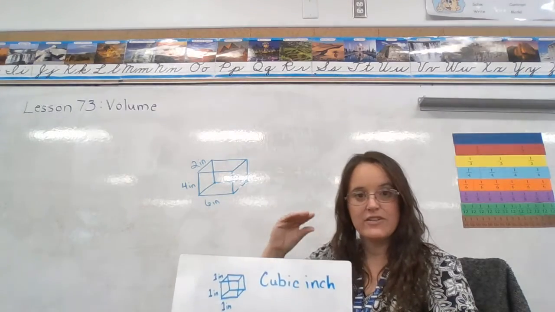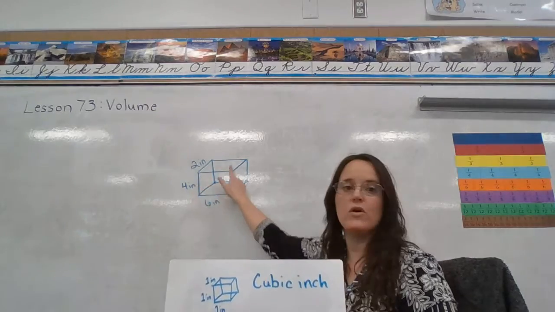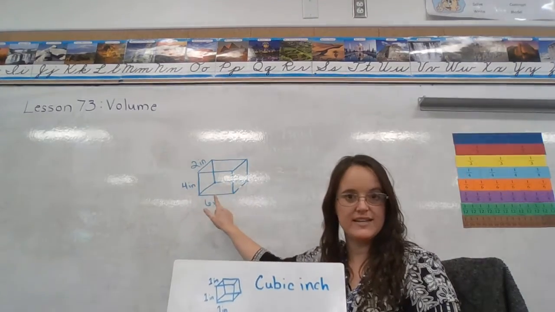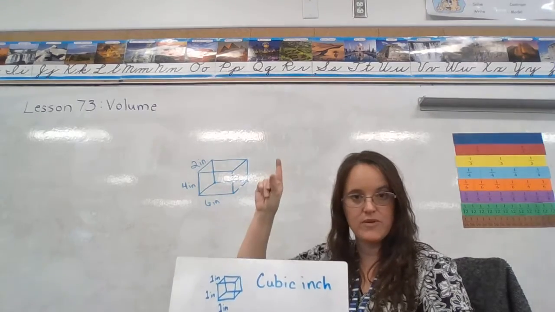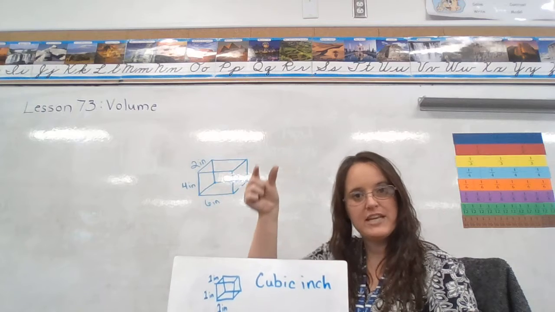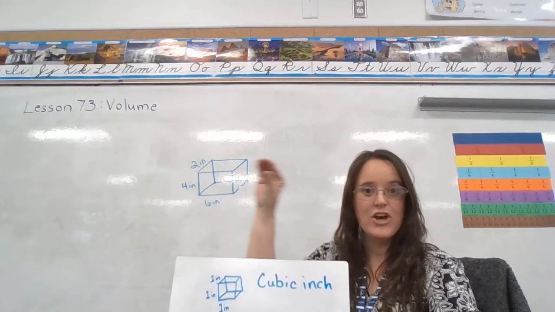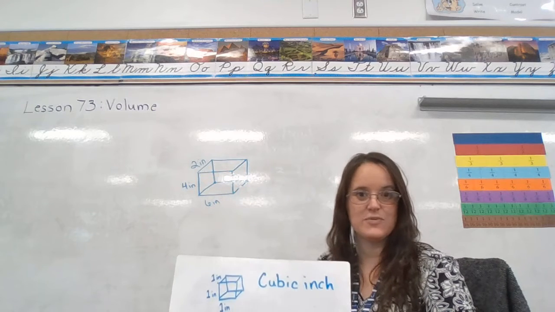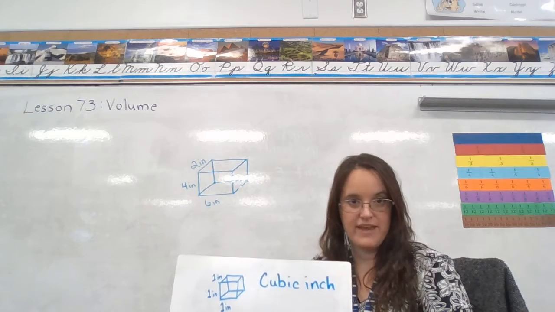Then I could stack those rows of 6 up to fill this whole side. I have 4 inches of height, 4 inches going up. So I can fit 6 cubes across. How many of those rows of 6 could I stack in this rectangular prism? I could stack 4 of them.